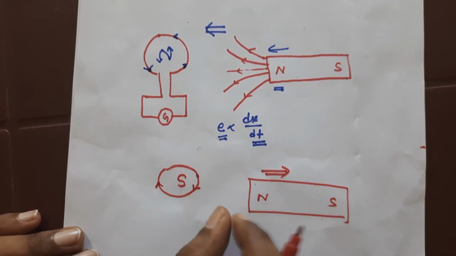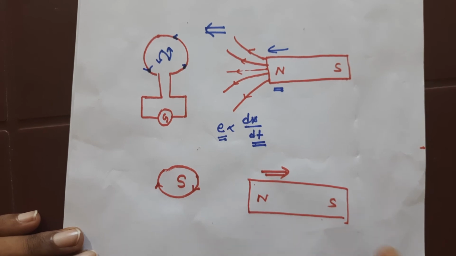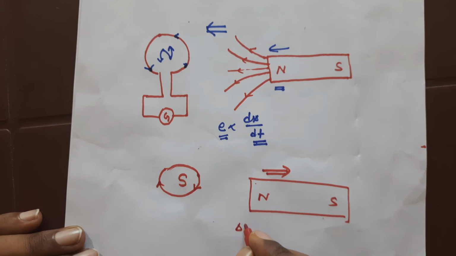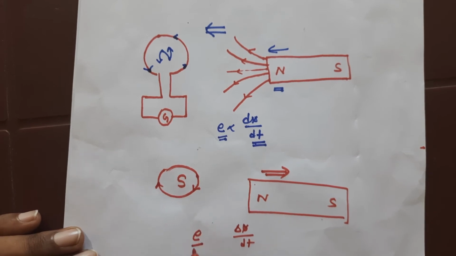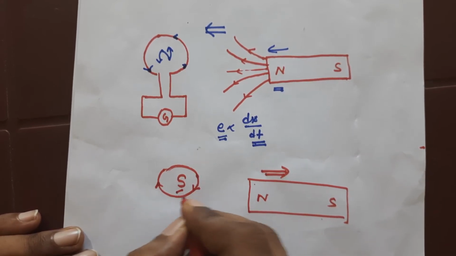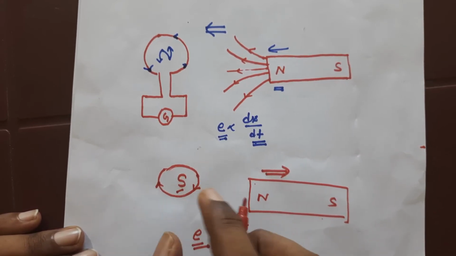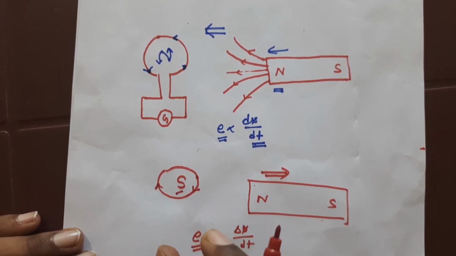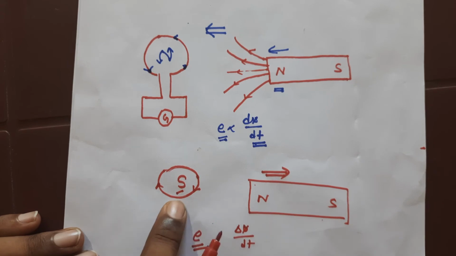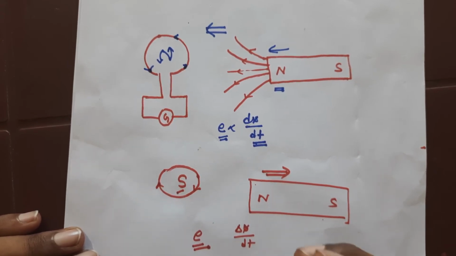So of course if there is a force, there will be more rapidity in the flux change, and if there is more rapidity in the flux change, del phi by del t will be more, and the EMF induced will be more. The north pole assumed here will also have more strength, and that north pole and this north pole will now repel with more force.